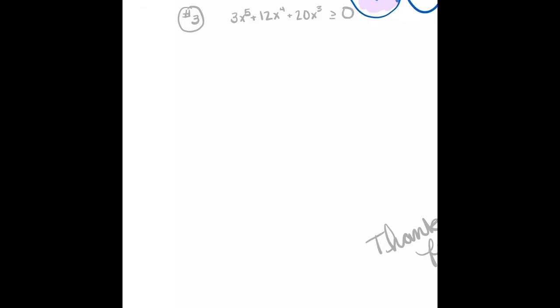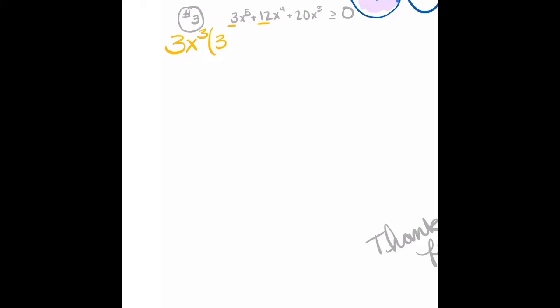Now let's do one that's not quite as pretty for us. And let's pull out an x cubed. And I'm left with, and we can pull out a 3x cubed because we probably don't want to pull a 3x out of there.